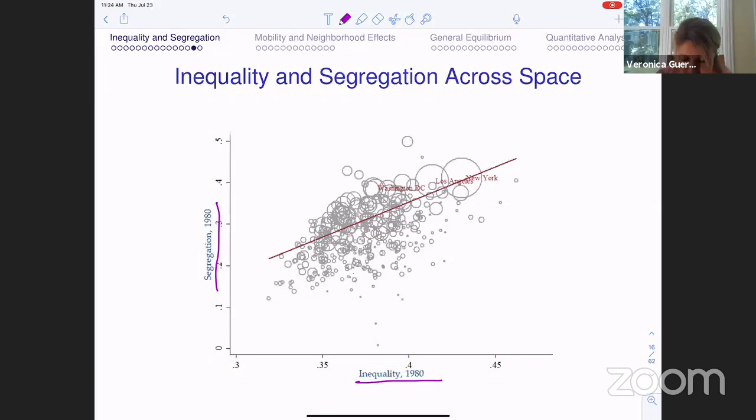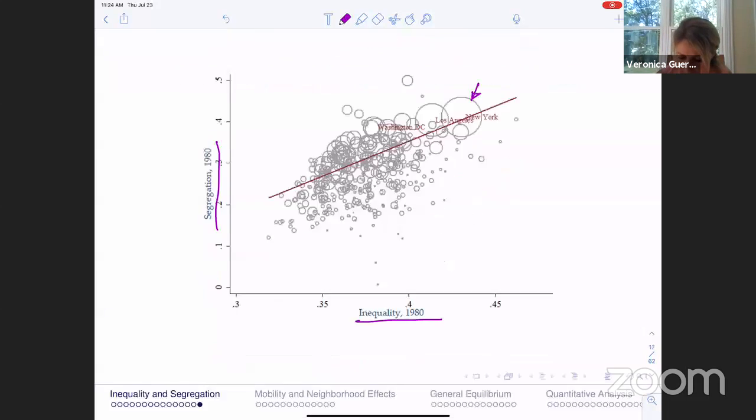For example, this is New York, and you can see that metro areas with larger inequality in 1980 are also metro areas that experience higher levels of segregation in 1980. This relationship is significant, and there is an interesting correlation here.